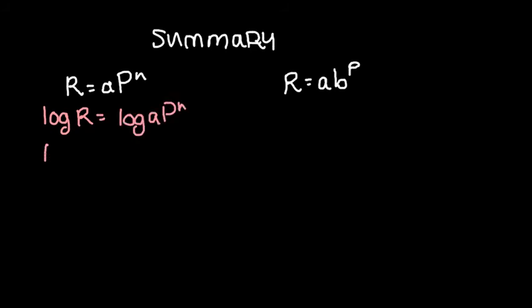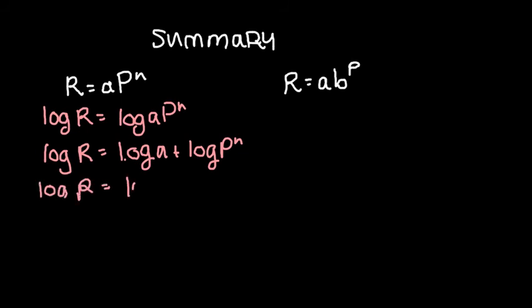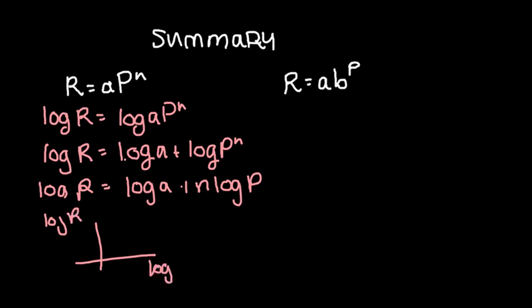We would use log rules to split those up into a more line-like relationship. So we've got something plus so many lots of something else. That would give us, in this case, n lots of log p, and so in this case we're plotting log r against log p, and that's where we then found our table of values, plotted all the values onto a new line and used the line of best fit.